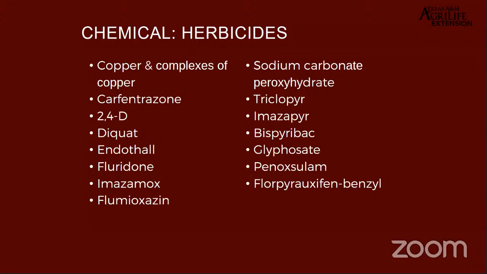You will see on here, if you've ever attended one of these seminars on aquatic vegetation management, we have added a new herbicide to the list, and this is fluoroprioxorphen benzoyl. And so right now, unfortunately, we only have one trade name. It's Procyllicor EC, and it's only available through the company that sells it for people who are certified in applying it.